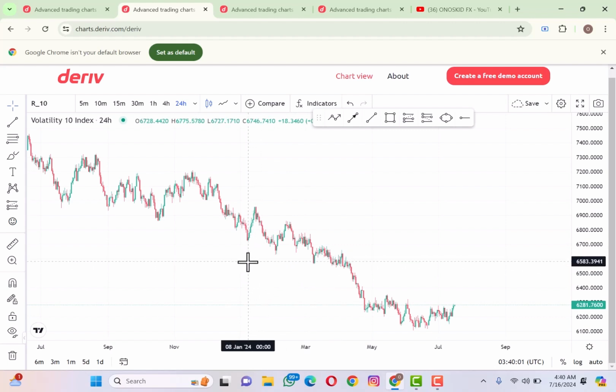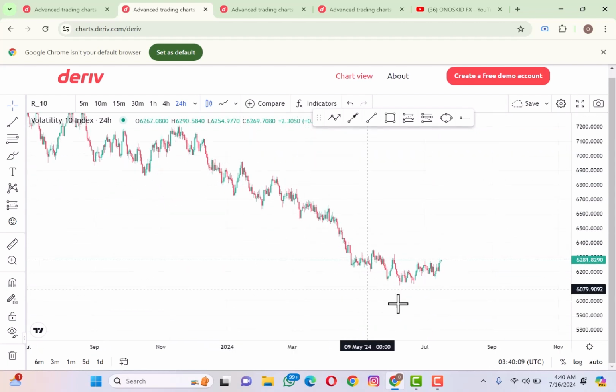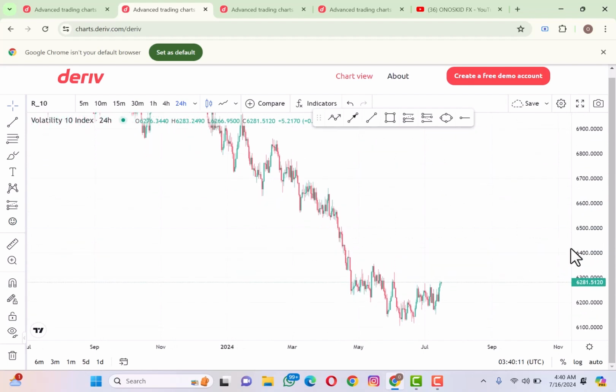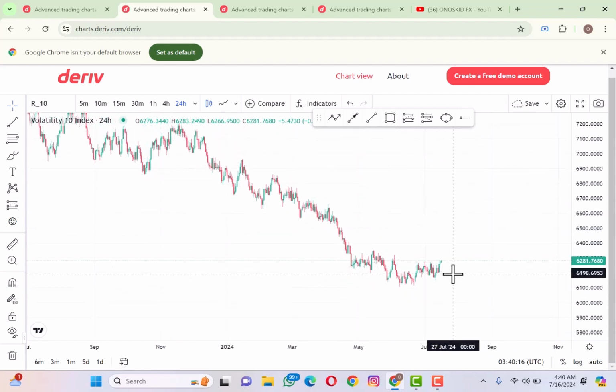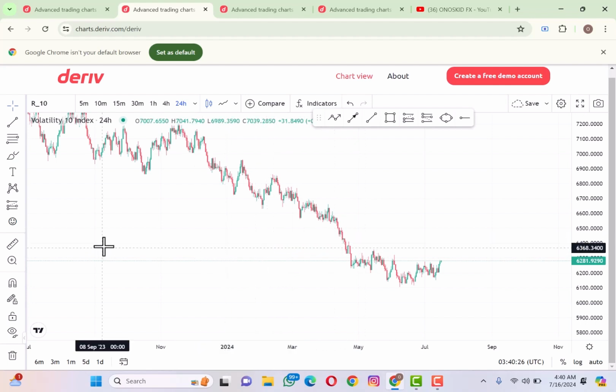Or beginners may not want to take that much risk because they are still scared of losing their money and all. So this pair gives you that flexibility to make that decision, because the lot size is quite small, and the lot size to use here is not as furious as some of the other pairs, which I'll probably talk about in our next video.